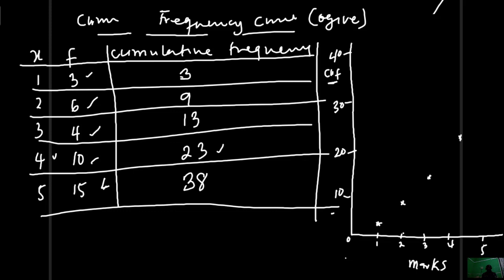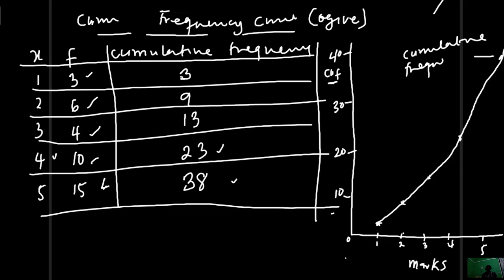You plot it. 5 is 38, getting to 40. Then use our free hand to join the points. So this line that we have got is called the cumulative frequency curve, or the ogive. So let's do grouped data, then we will interpret it.